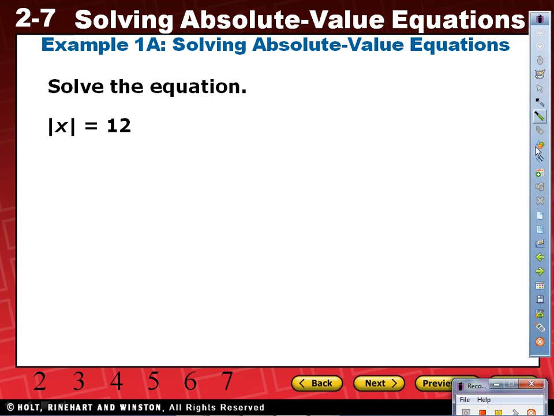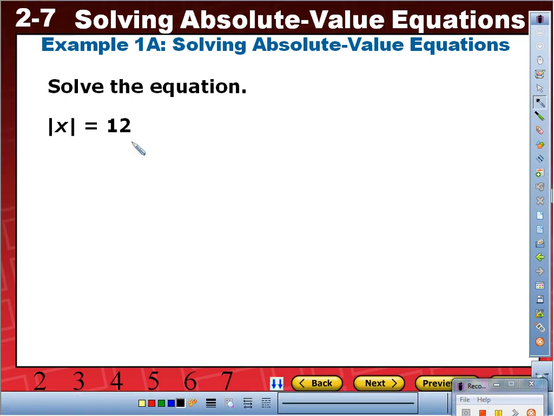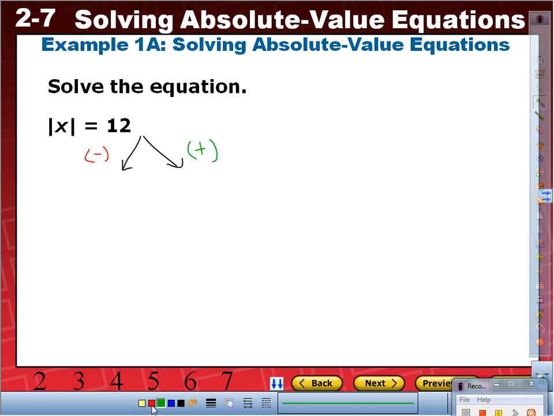Okay, let's see. So, first things first, I'm going to sketch two arrows because I know that I'm going to write 2 equations. Is that correct? One for the negative and one for the positive. For the negative, what's inside of the absolute value? X. So I write x equals, and what is my first number?